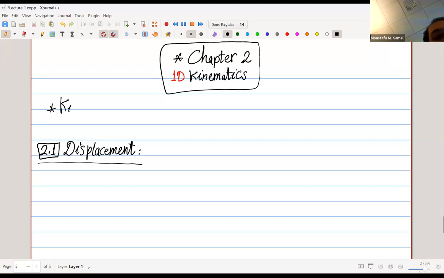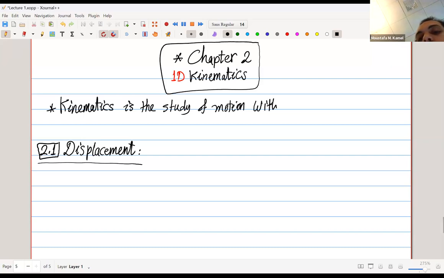So kinematics is the study of motion without considering its cause.